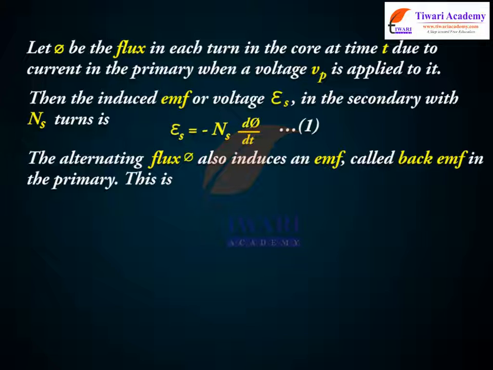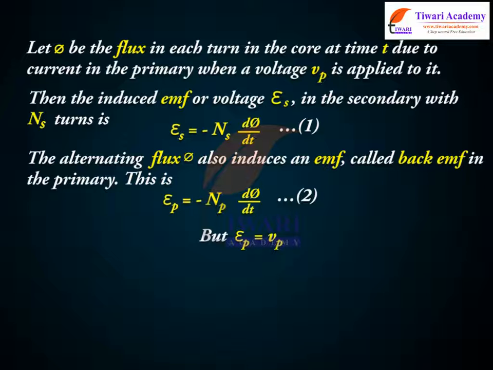The alternating flux phi also induces an EMF called back EMF in the primary. This is epsilon p = -Np dphi/dt, equation 2.